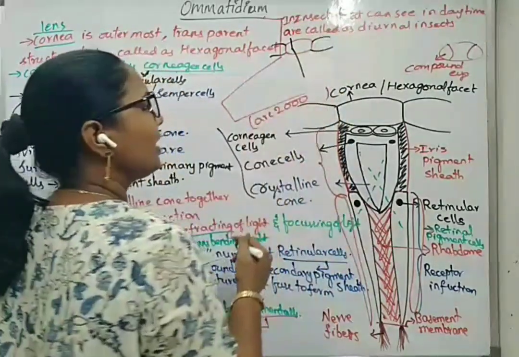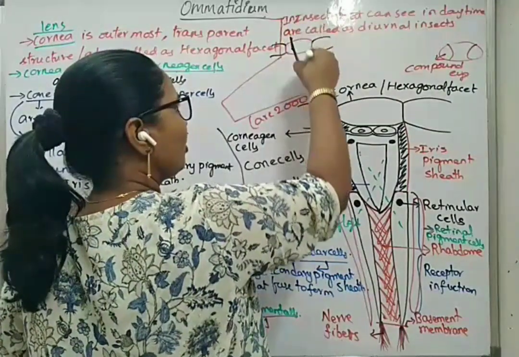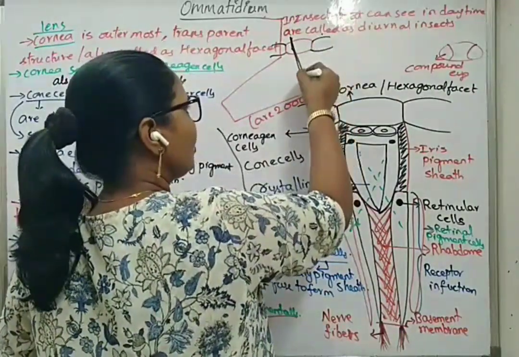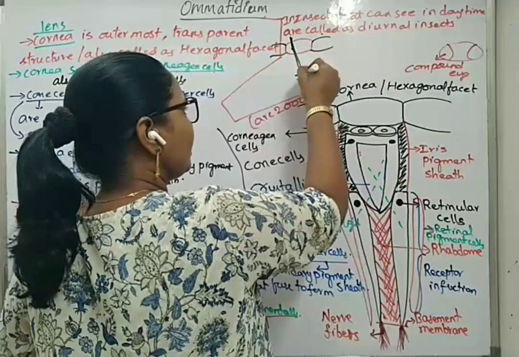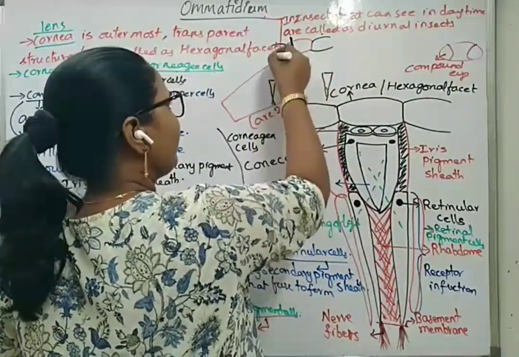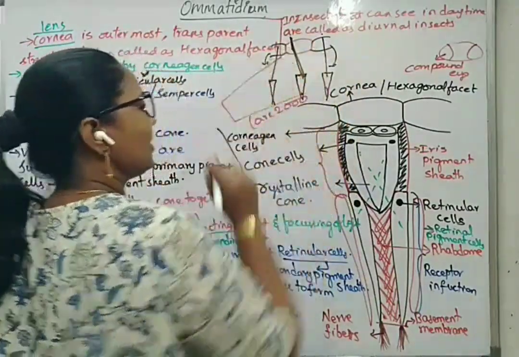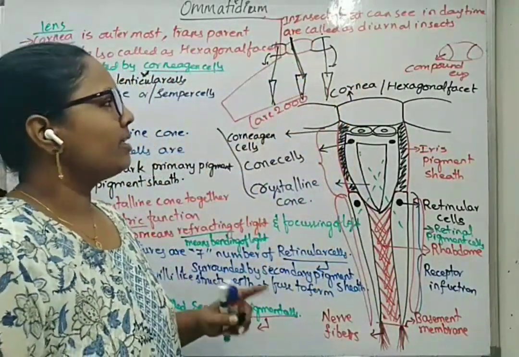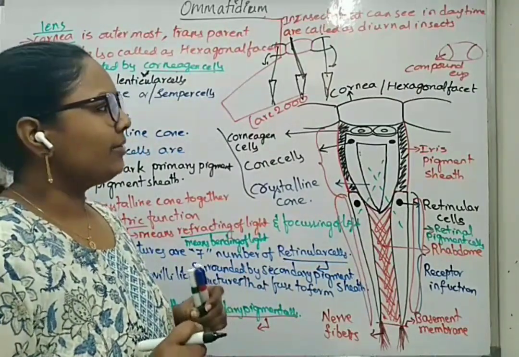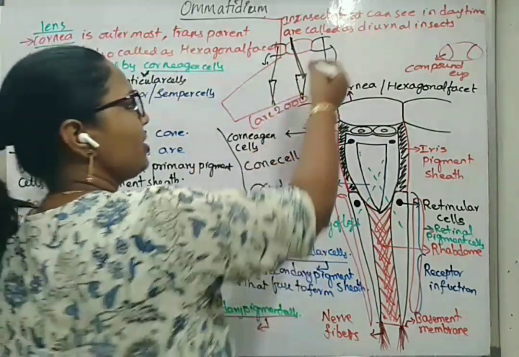So, in diurnal insects, the light falls directly onto the rhabdom in each ommatidium. Here is the rhabdom of this ommatidium. Light will be focused separately on the rhabdom, and we will see a separate image by each and every ommatidium. Such vision is called apposition image.